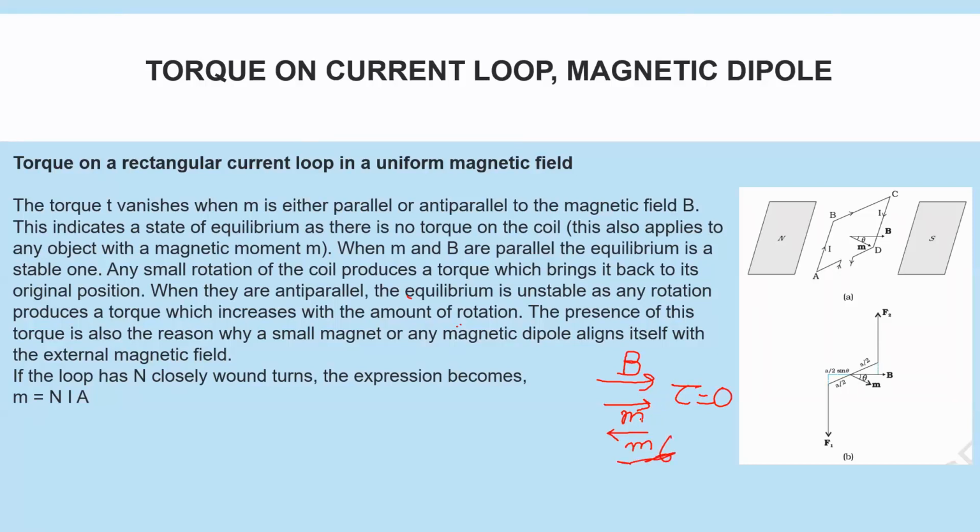So what does this say? It indicates that a state of equilibrium will be reached because there is no torque on the coil.